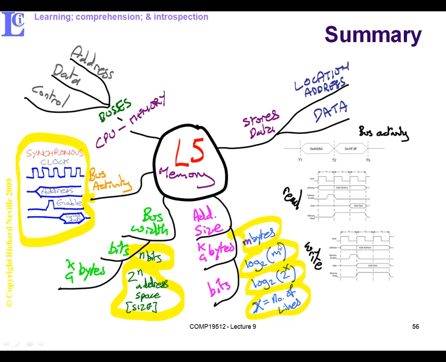So for a particular memory, we take log to the base 2, log₂(M), and this M is equivalent to 2 to the power of x, and then x is the number of lines which will address that memory size. So the next thing we can look at is the bus width is n bits. We can address an address space of 2 to the n.